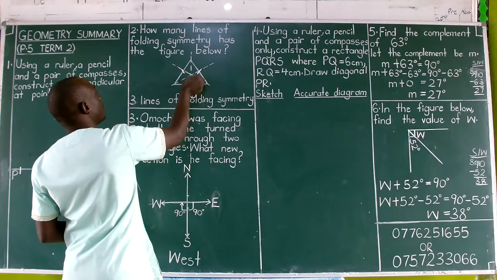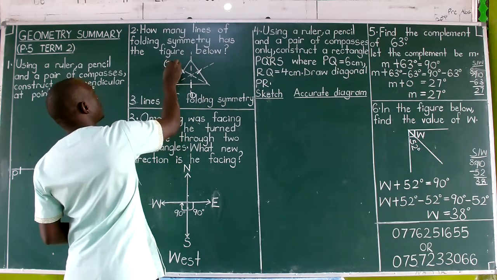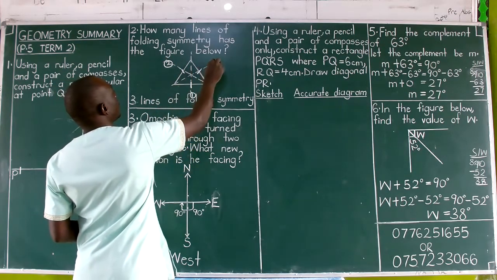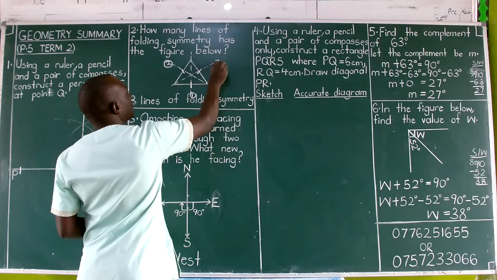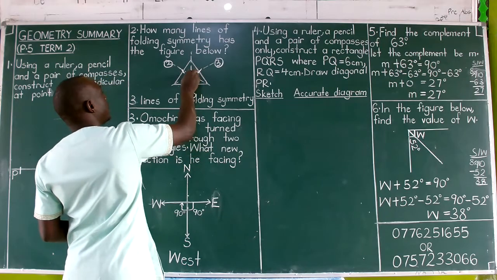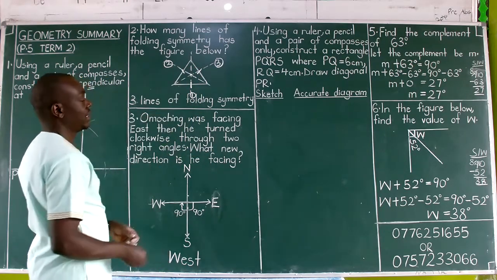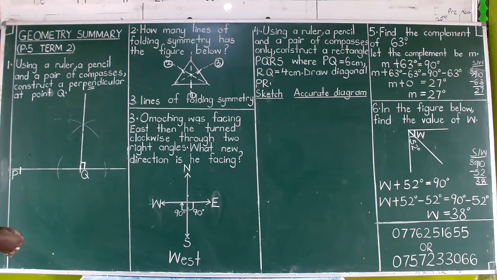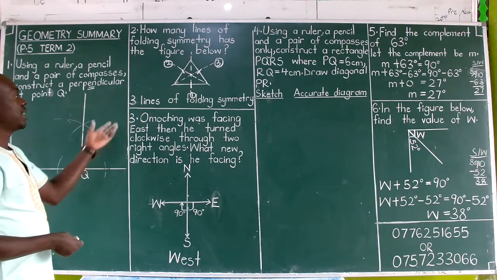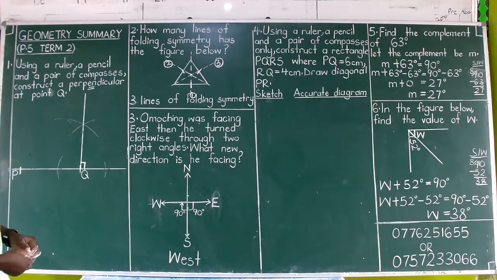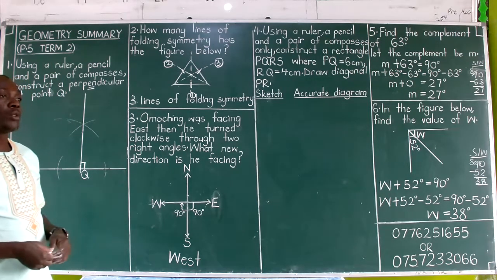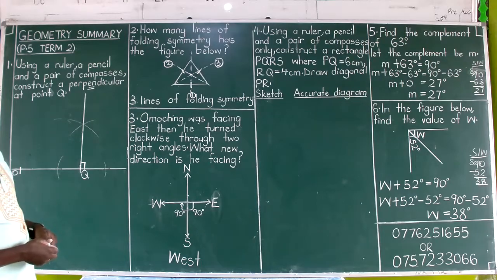From this corner we have a line, that's line number 2. And from this corner we have got a line. You dot it through and ensure they all meet in the center of that triangle. And there are 3 lines of folding symmetry as shown above. That is an equilateral triangle.